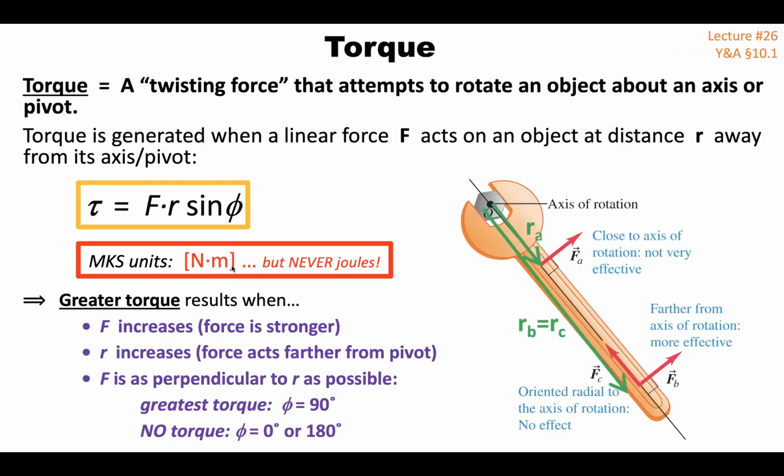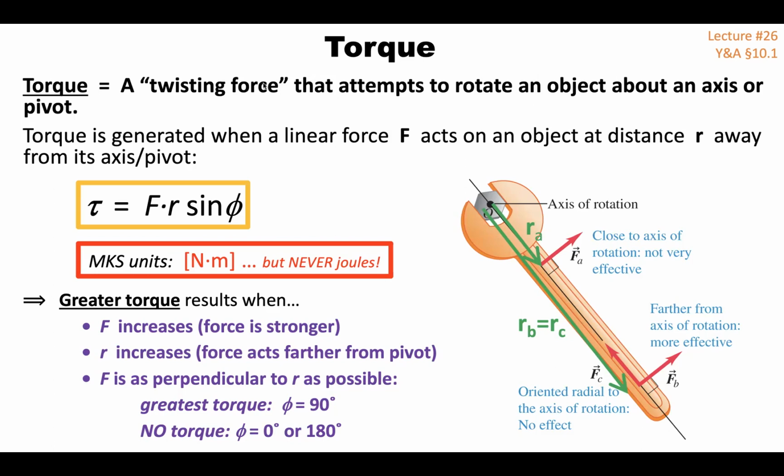So first of all, we might ask ourselves, what is the quantity that plays the equivalent of force, but for a rotating object? Well, the answer is there is basically a twisting equivalent for force, and it is called torque.